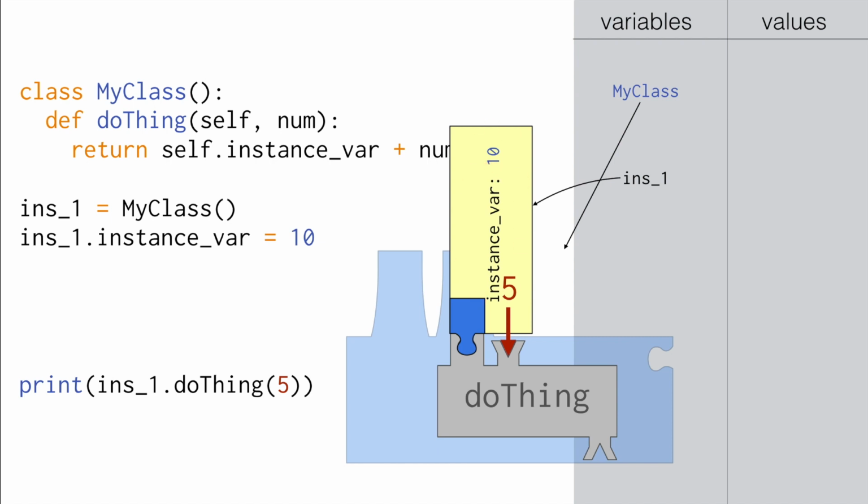So here, when we call inst1.doThing, then even though we only passed in one argument ourself, inst1 was automatically passed in as the first argument to doThing. And then 5 or any other arguments that we passed are passed in after that. So here in this call to doThing, self is inst1 and num is 5.